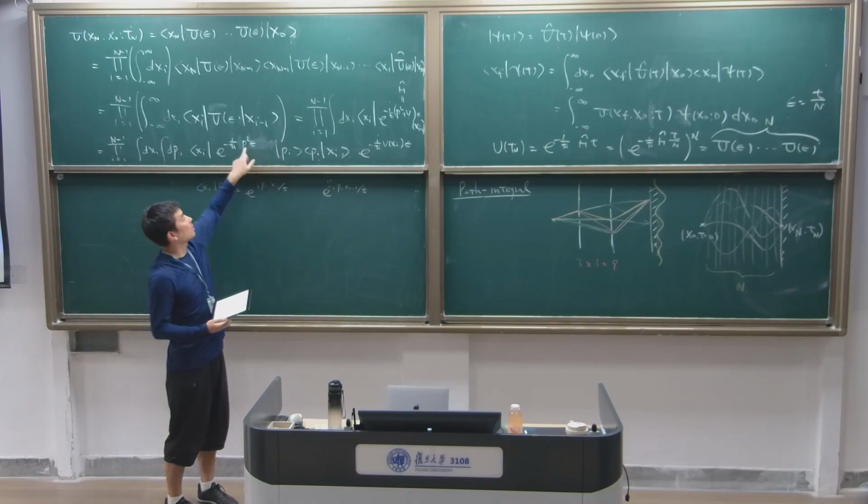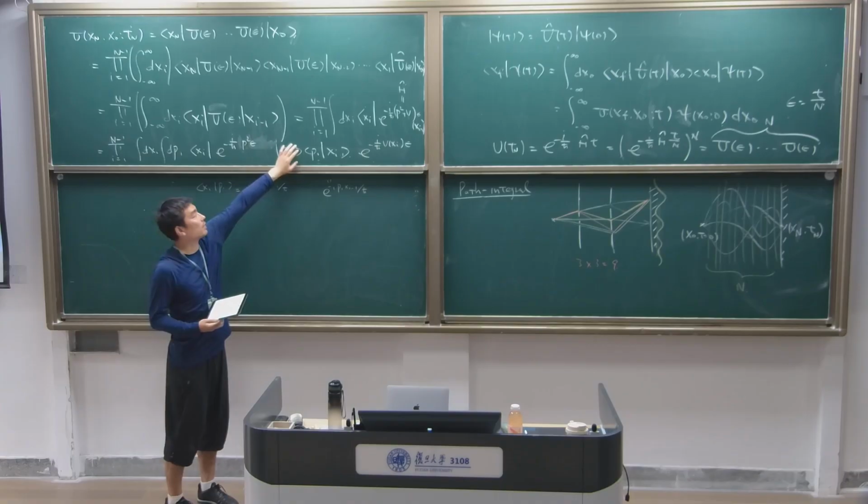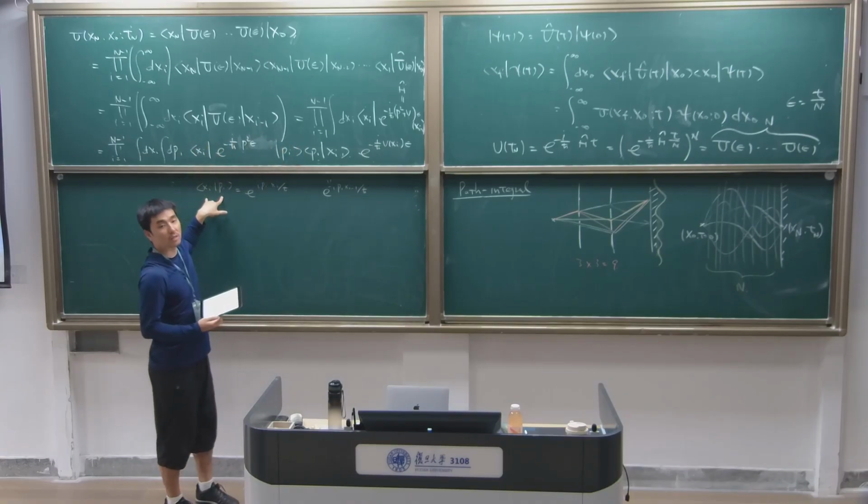P squared on |p_i⟩ is p_i squared. And after that you can bring it to here and you can take the product.